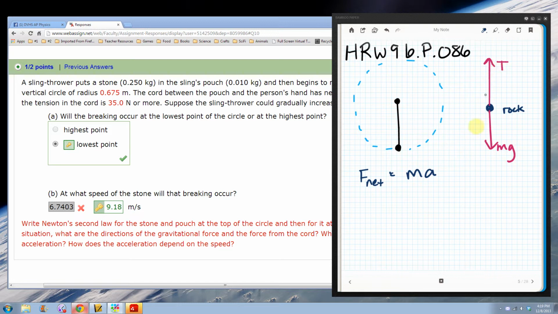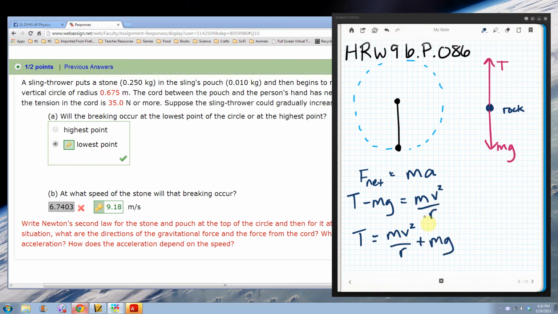So what I've got is tension pointing up minus gravity pointing down equals mass times the acceleration for a circle, v squared over r. Basically, the net force equals this whole thing on this side, which is the centripetal force. That's the net force I need. That's the net force that I have. So the tension equals the centripetal force plus the force of gravity.